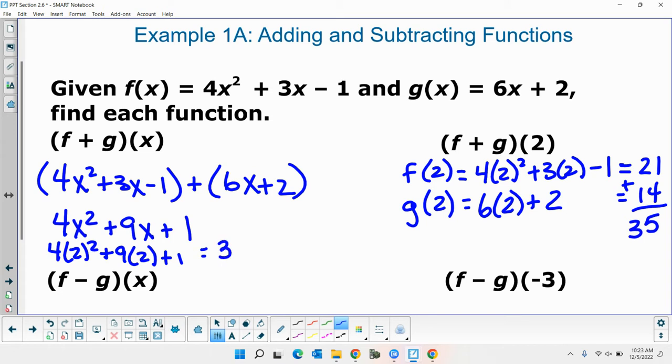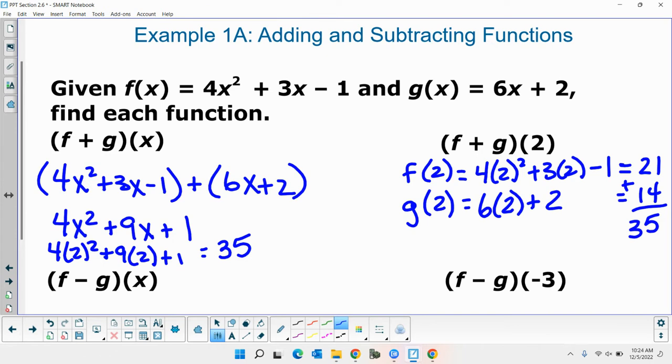Then I did this: 4 times 4, 16 plus 18 plus 1, 35. Again, you can add them first, then plug the 2 in, or you can plug 2 in first, then add the 2 answers when you have the number. Whatever you prefer, okay?